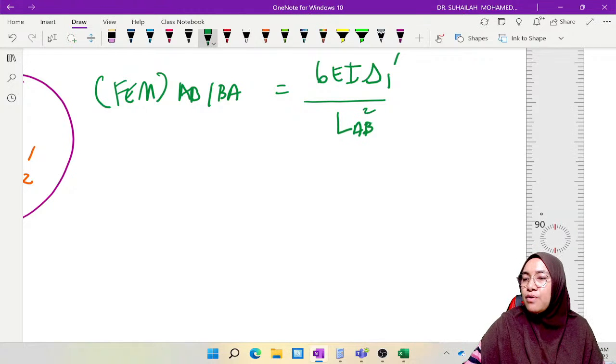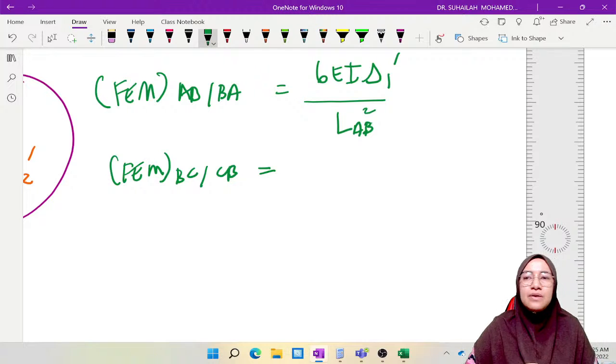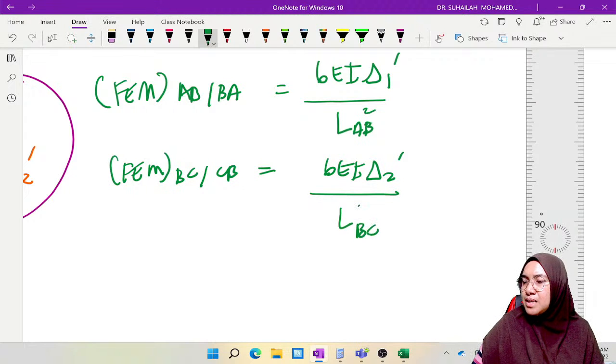And then for FEM BC, CB, we have 6EI delta 2 prime over L for BC squared.